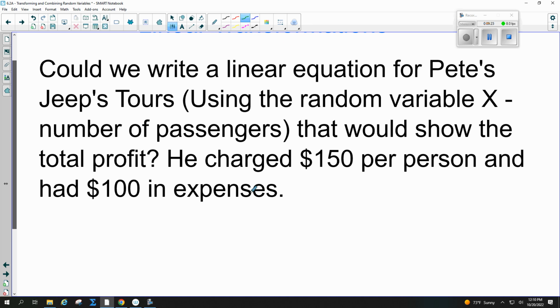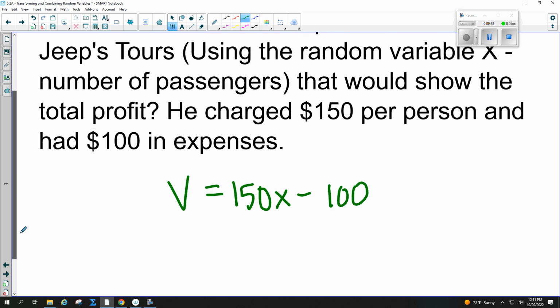So let's say that V is our total profit. And it would just be 150 times the number of passengers, so that's how much money he makes, minus $100. That's all they're looking for here, you guys, is what's the linear transformation. Can you write the equation for profit and number of passengers?